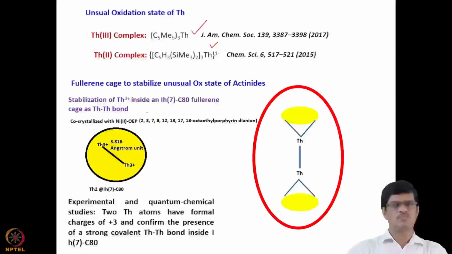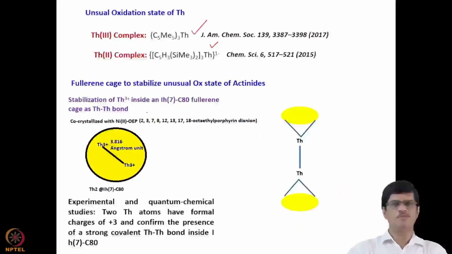A very stable complex is formed, where the thorium to thorium bond distance is around 3.816 angstrom as shown here. And this has been proven both by experimental as well as quantum chemical studies.